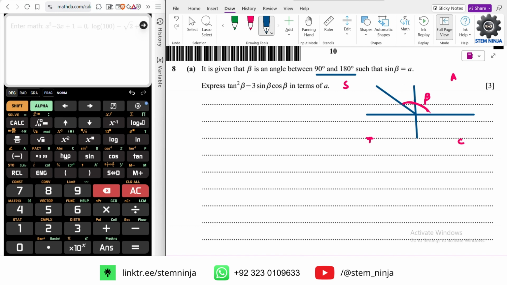Sine of beta is A. So this is 180 minus beta. All right. So if this is A, now we need to figure out what cos and tan are.